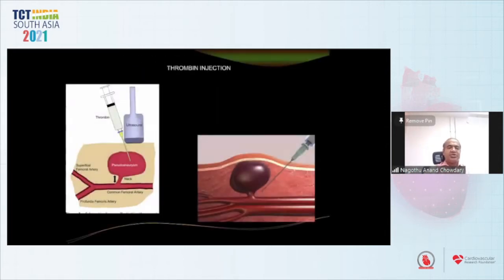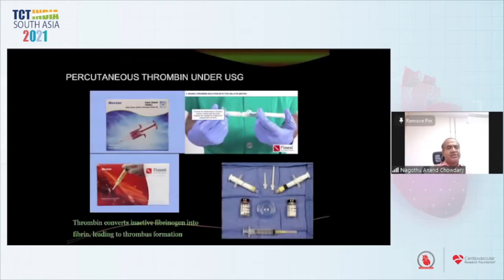Now the picture showing here is ultrasound guided thrombin injection indirectly into the pseudoaneurysm percutaneously. So this thrombin is inactive, that is inactive fibrinogen. When it is mixed with thrombin, it forms fibrin and helps in thrombus formation.